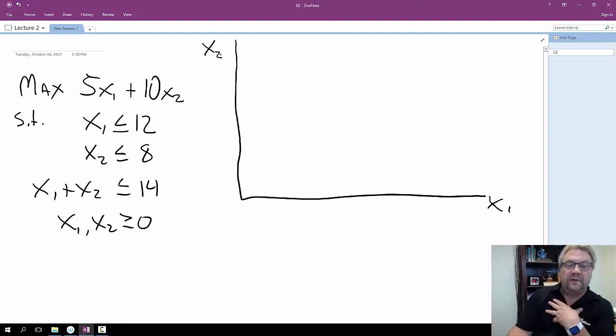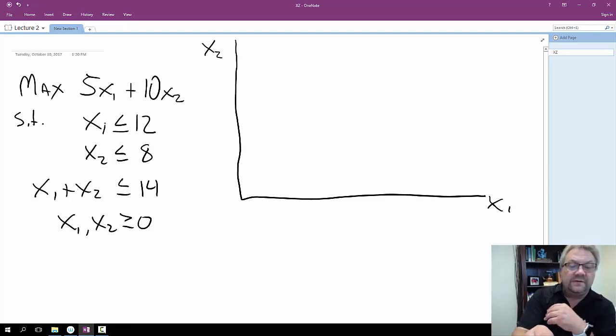Notice here, x1 has to be 12 or less. I like this problem. The reason I wanted to show this to you is it reiterates the notion that x2 does not have to be in every constraint. In this first constraint, I just have x1. In this constraint, I just have x2.